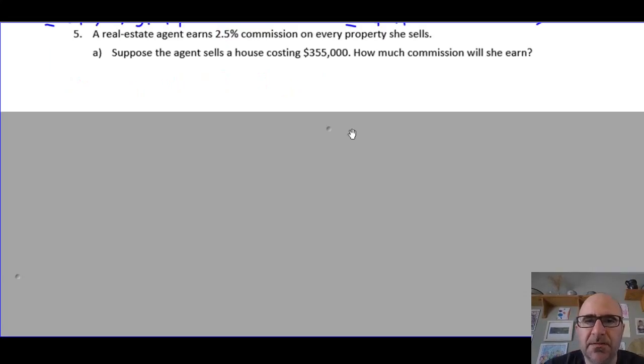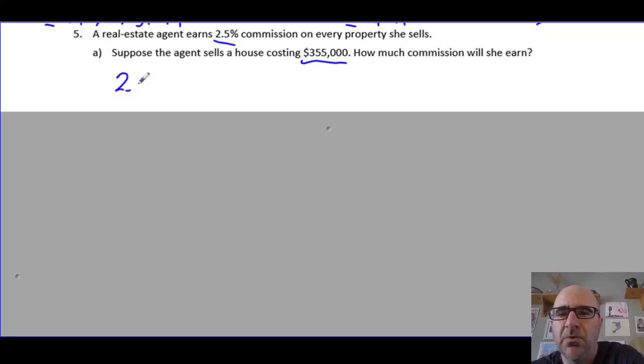Real estate agents often make money on commission, so they actually earn money based as a percentage of sales. So in this example, we have a real estate agent who sells a house costing $355,000, and they make 2.5% commission on that. So this real estate agent is going to make 2.5% of $355,000.